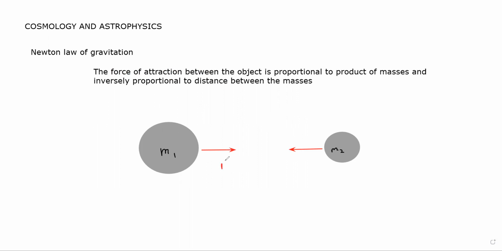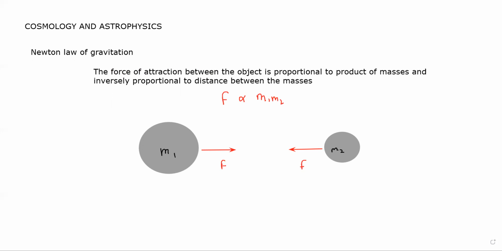According to Newton law of gravitation, the force of gravity between the two objects is directly proportional to their masses, meaning the product of the masses. So the greater the product of the masses, the stronger the force will be.